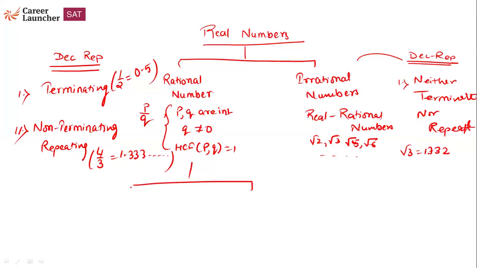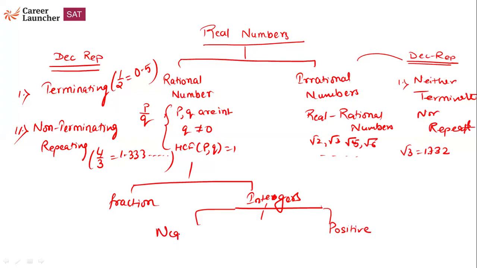Rational numbers are further divided into two types. One is fraction, the other one is integers. How many different types of integers do we have? Integers are further divided into three types: positive integers, negative integers, and 0.